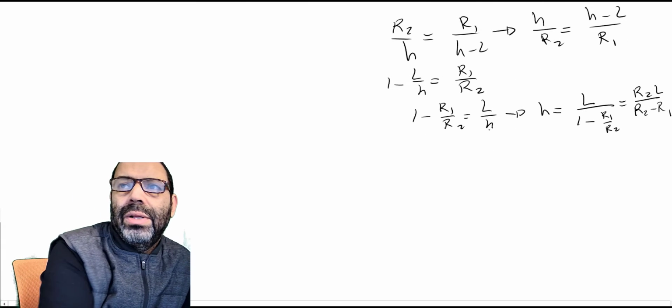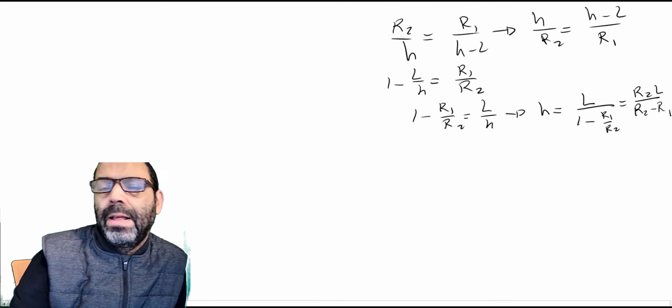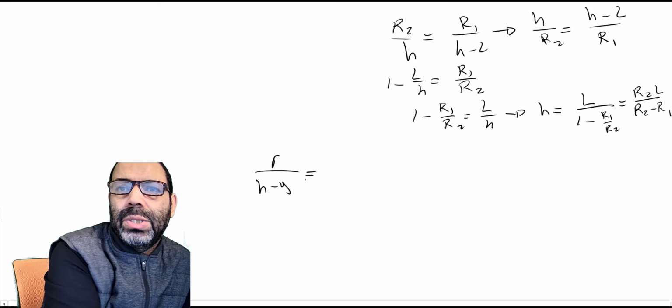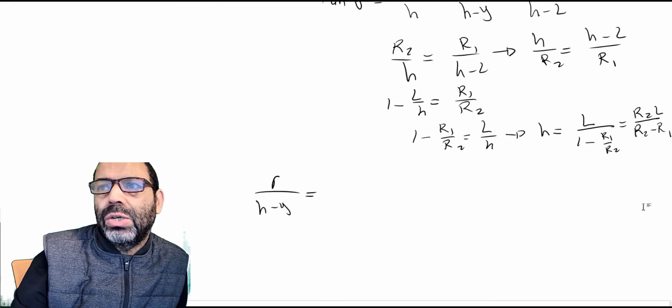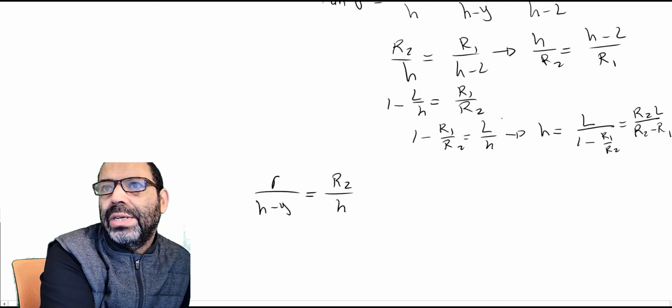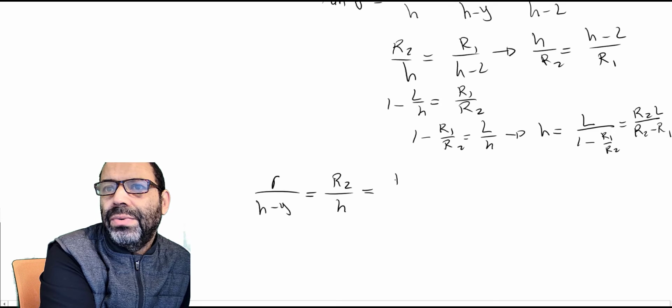So the first equation tells me that r is equal to r2 over h, times h minus y. And r2 over h, if you can clearly see from this expression, where is it? Here. r2 over h. If I bring h to this expression, it's going to be r2 minus r1 divided by L. So this is actually r2.